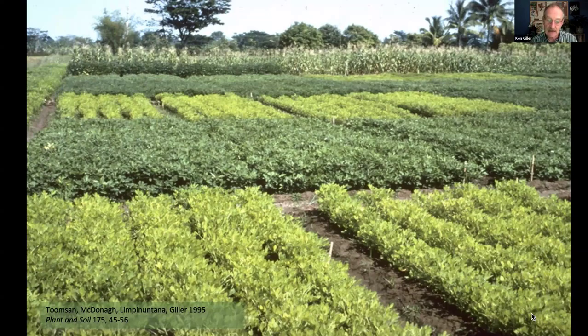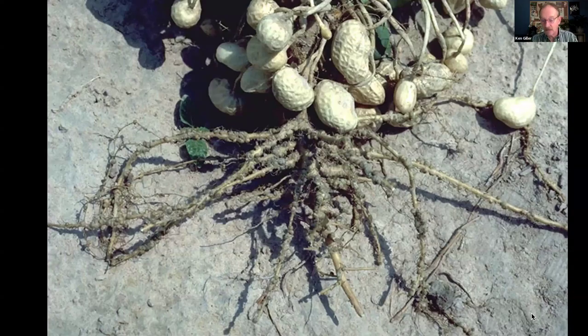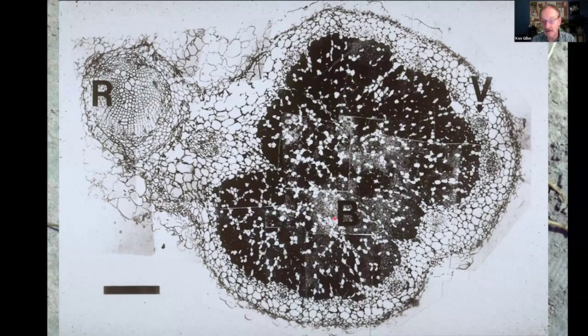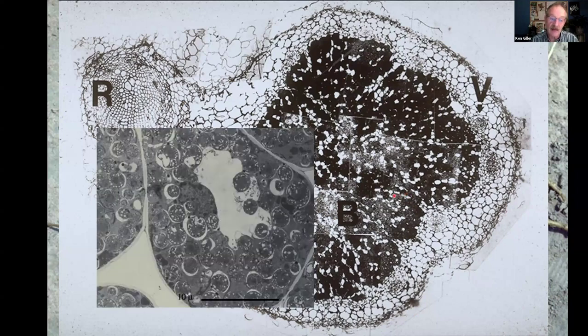And if we zoom in, of course, here's a groundnut root system. You can see the nodules all over the roots. Yeah, here down on the roots. If we zoom in again, this is now a transverse cross-section through a root. The root up to the left, it's cut through the nodule. You can see these densely stained cells in the middle, which are there full of these bacteroids.